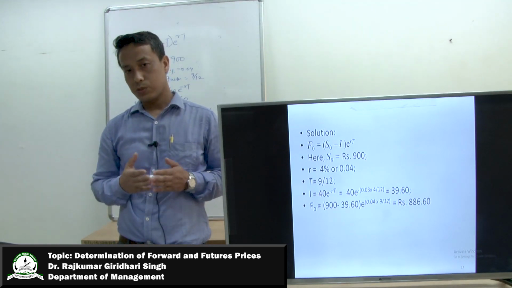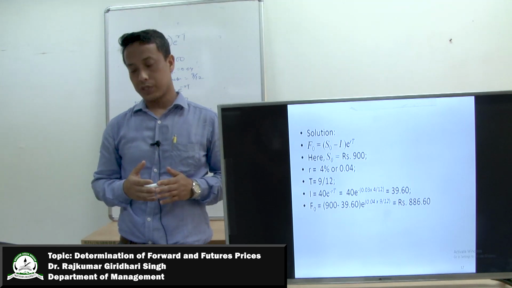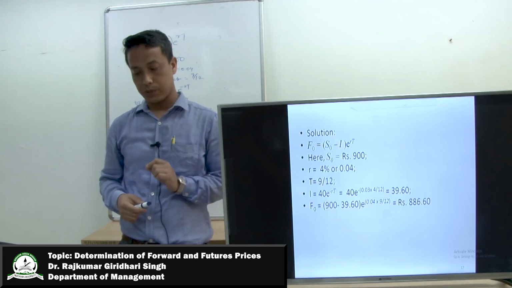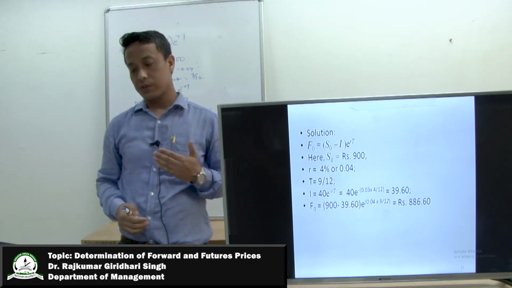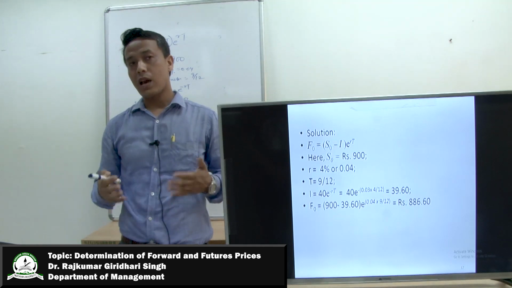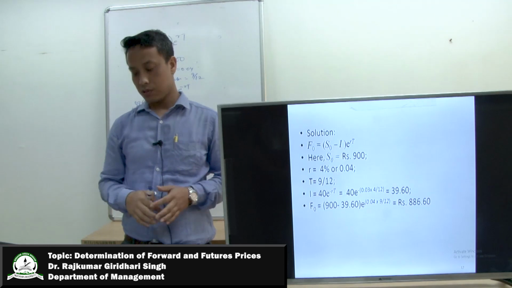Now this 886.6 is what we call the forward price, and this is the no arbitrage price. So the forward price has to be rupees 886.6. If it is more than or less than this, you still have an advantage. You still have an opportunity as a trader, and that opportunity we call an arbitrage opportunity.